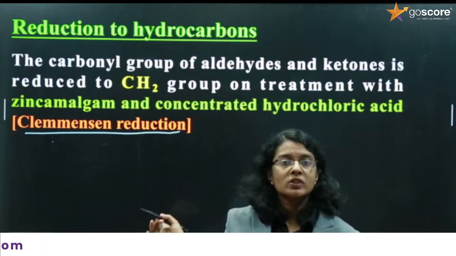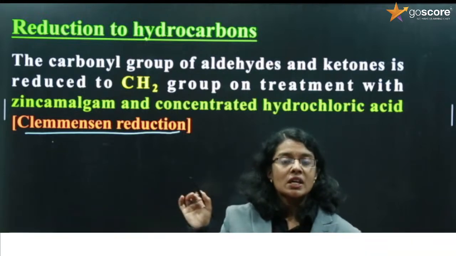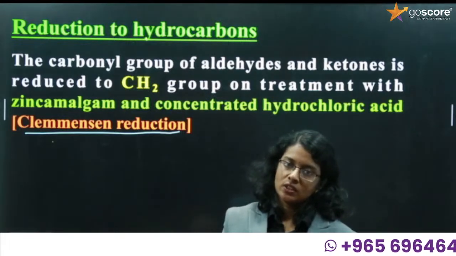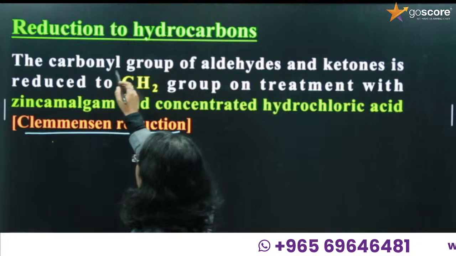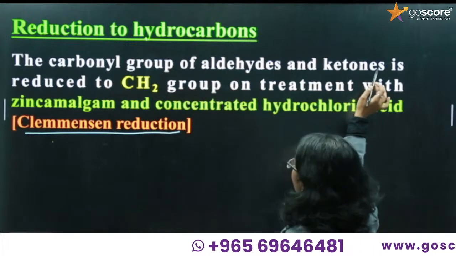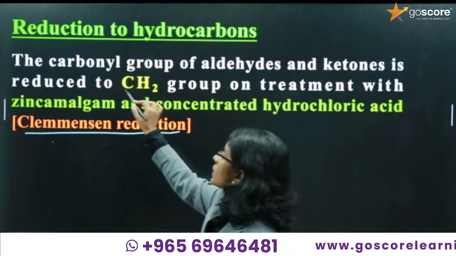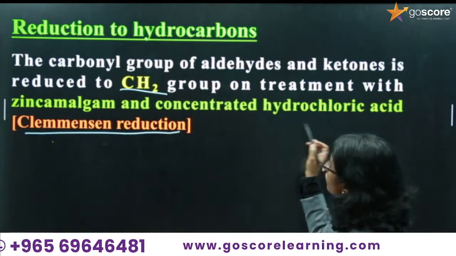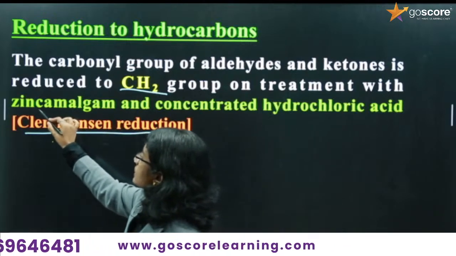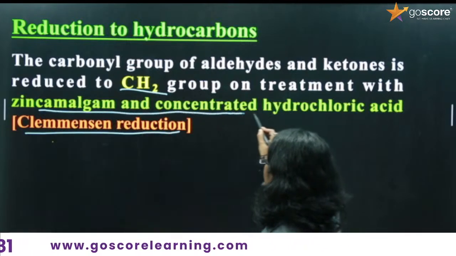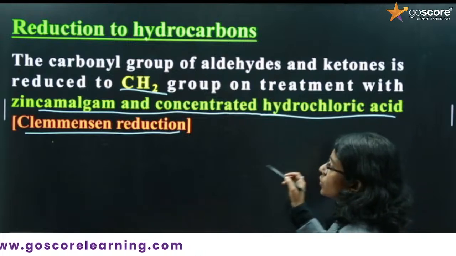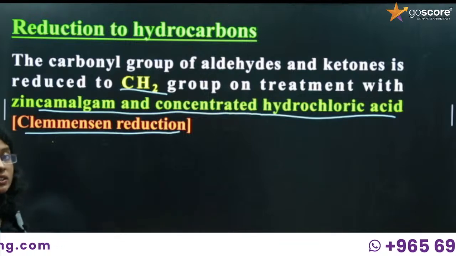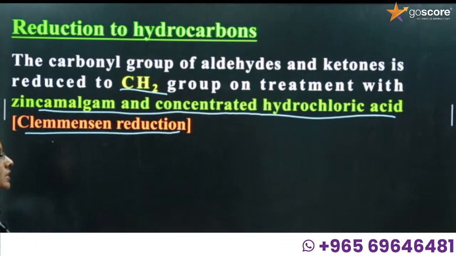The CO group will be changed to a CH2 group in presence of zinc amalgam and concentrated HCl. The carbonyl group of aldehydes and ketones is reduced to a CH2 group in presence of zinc amalgam and concentrated HCl. You will get hydrocarbon. That reduction is called Clemmensen reduction.